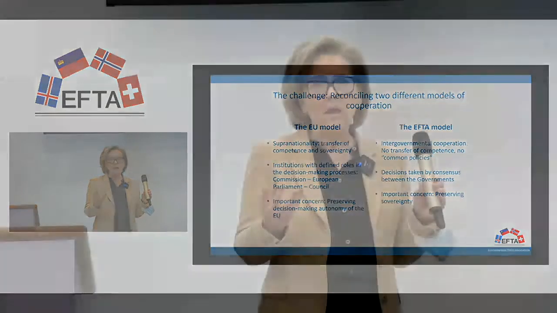So, to reconcile these two different models of cooperation and at the same time fulfill the objectives and principles of the EEA Agreement, we ended up with this institutional model, also referred to as the two-pillar structure.